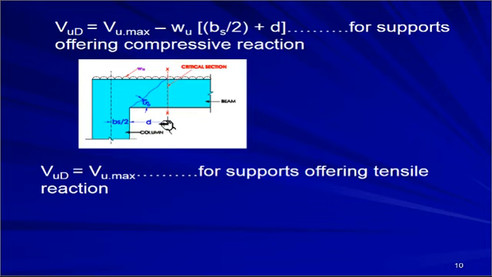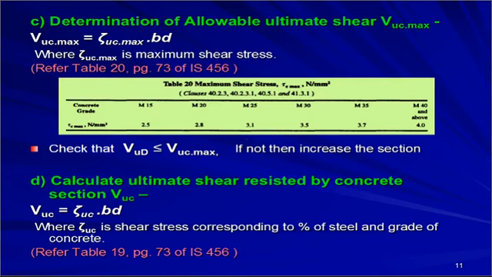The distance is this total distance, which is b_s by 2, where b_s is the width of this column, so b_s by 2 is half the width, plus distance d. So we are just subtracting this force from the reaction and we get this V_uD. This is for supports offering compressive reaction. And for the second case, when the support offers tensile reaction, the critical section is exactly at the face, so simply V_uD is nothing but V_u max.